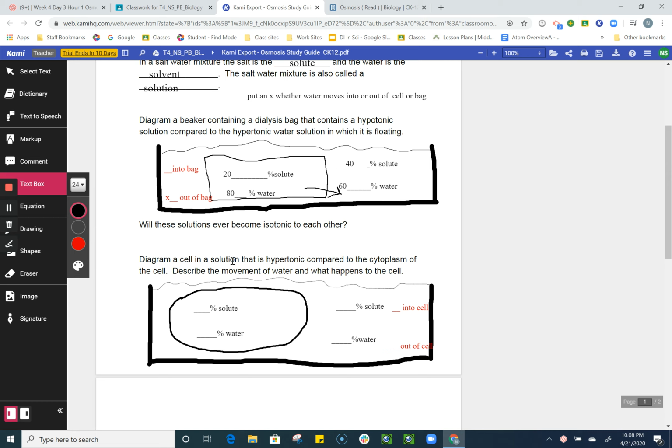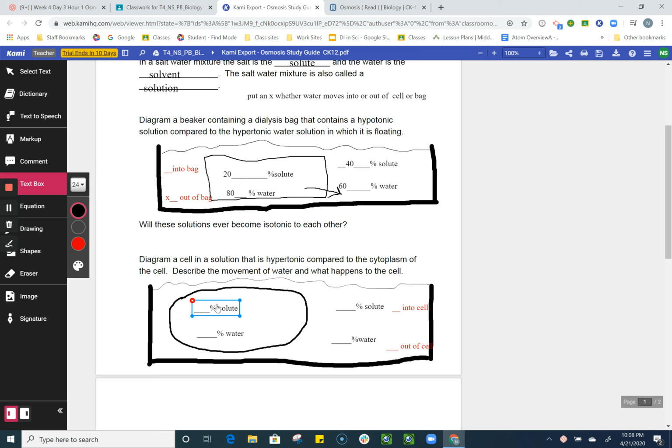All right, so here, diagram a cell, and I left this one for you to fill in. Diagram a cell in a solution that is hypertonic. So when it says hypertonic, we ought to go ding, ding, ding. That means solute. So diagram a cell in a solution that is hypertonic compared to the cytoplasm of the cell.